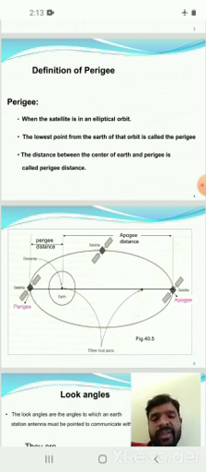In that situation, it reaches two situations, nearer and longer distance. The nearer distance is called perigee and the larger distance is called apogee.